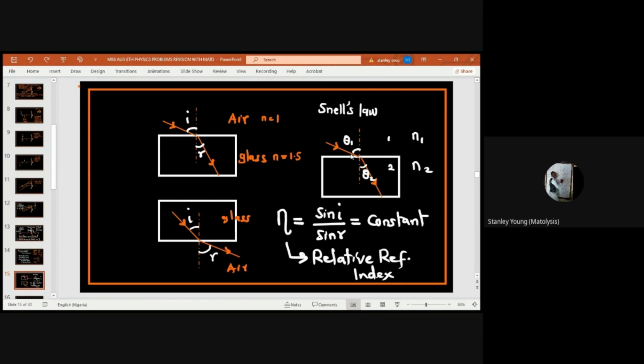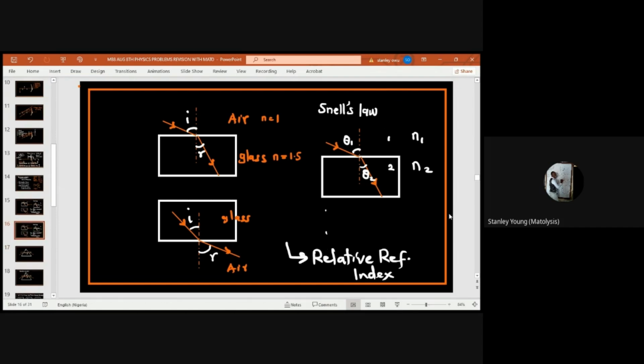Don't forget that refraction is the propagation of a wave from one medium to another. The refraction happens within 2. So if a question asks you to get the relative refractive index in this situation, let me clean this for space.